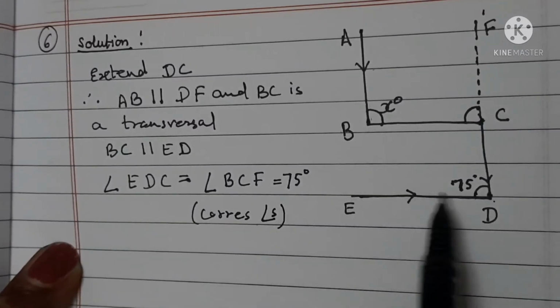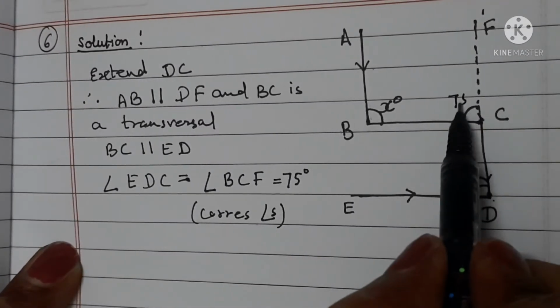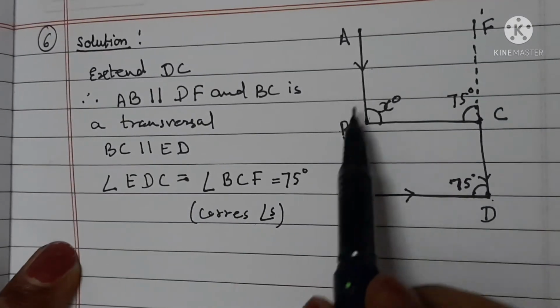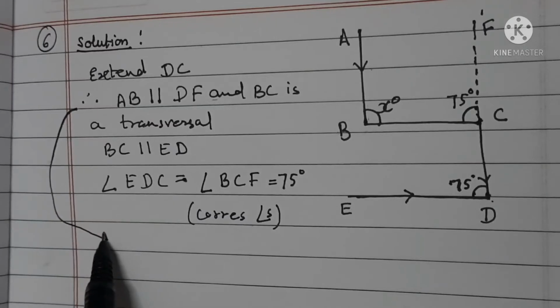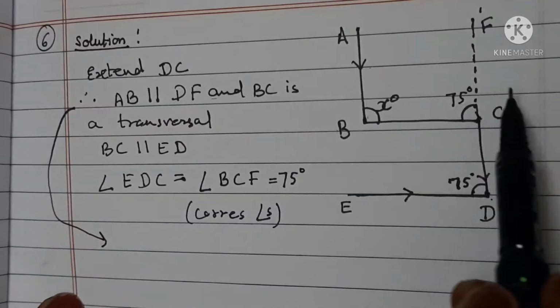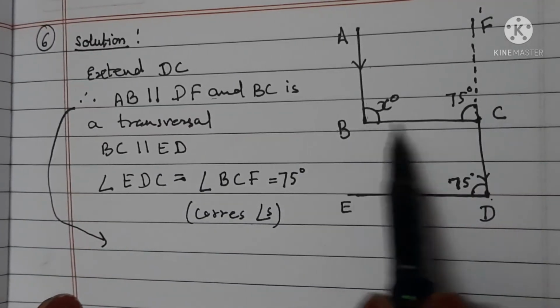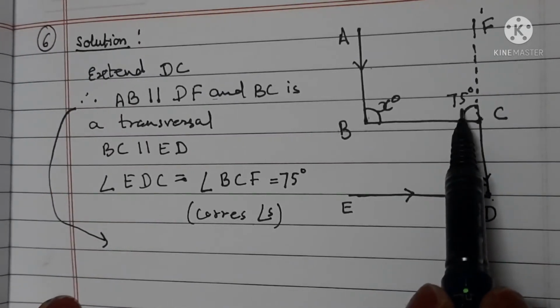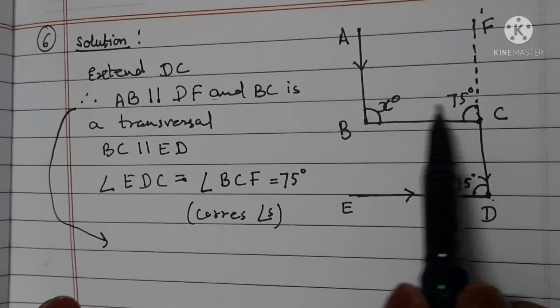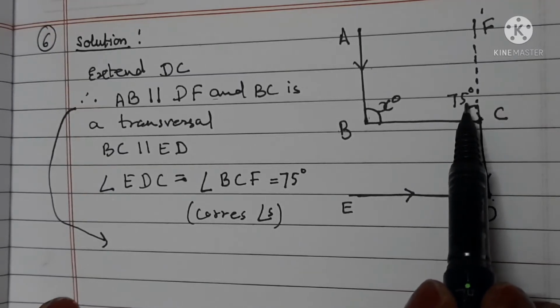When you get this angle 75 degree, then you will use this part here. AB is parallel to DF and this is transversal, and these two angles formed are co-interior angles, and the sum of these angles will be 180 degree.